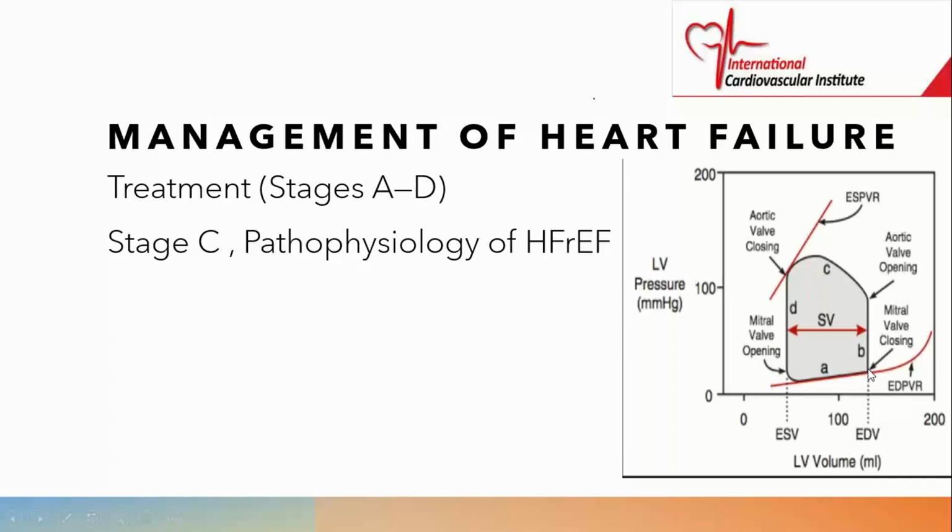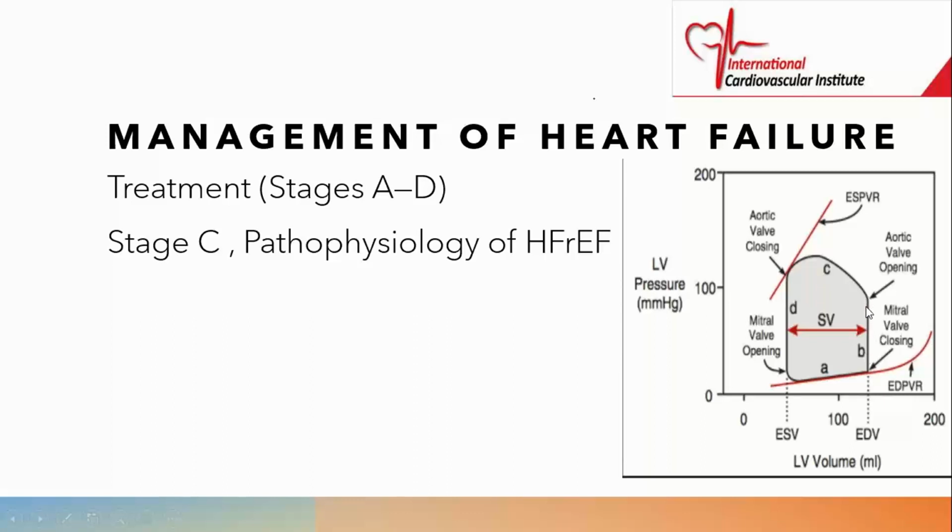When the mitral valve closes, the aortic valve is still closed. The aortic valve is not open yet. There's this period of time when the mitral valve is closed and the aortic valve is still closed. And you see this straight line, this is what we call isovolumic contraction time. Because all the valves are closed, the volume is not changing.